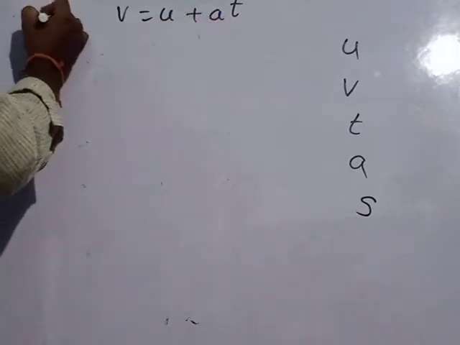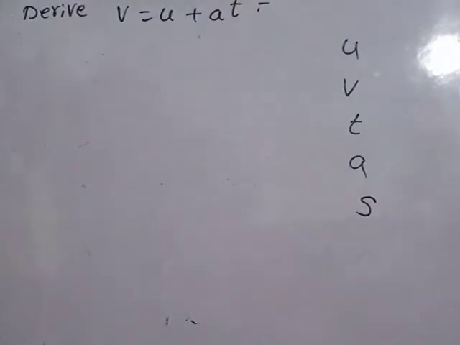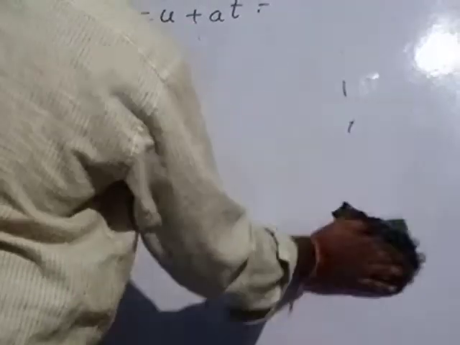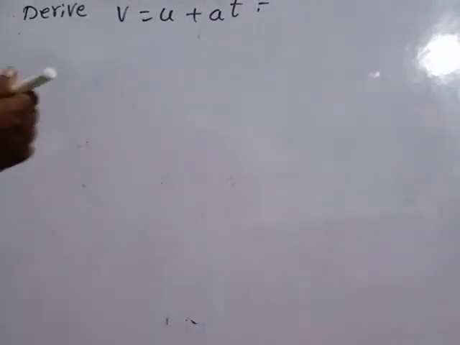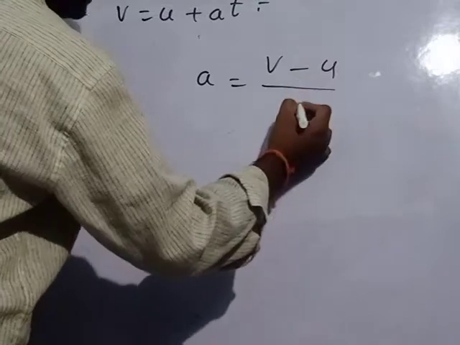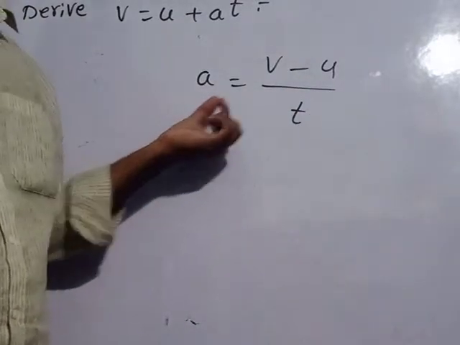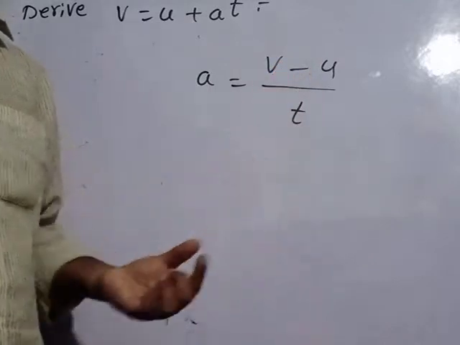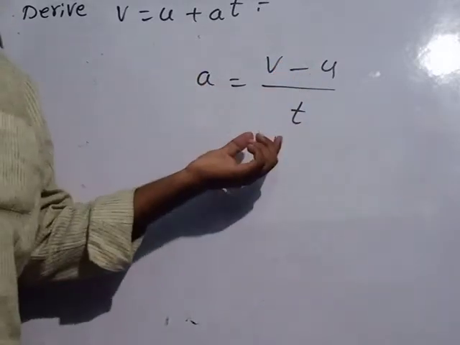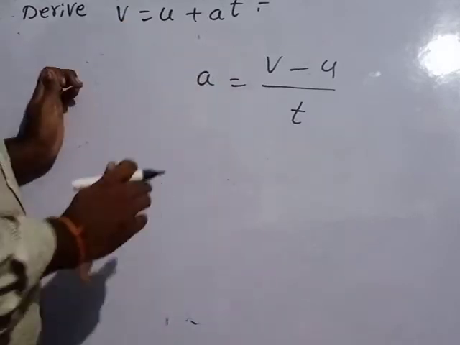Derive the V is equal to U plus AT formula now. First of all, you know the formula for acceleration. So acceleration A is equal to (V minus U) by T, from the definition of acceleration, change in velocity with respect to time. By using this formula, derive this equation.